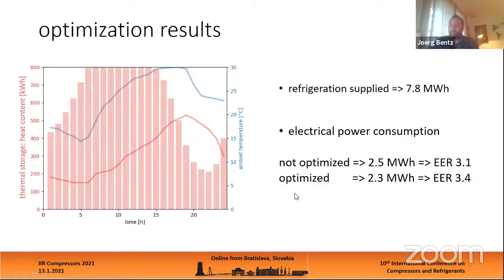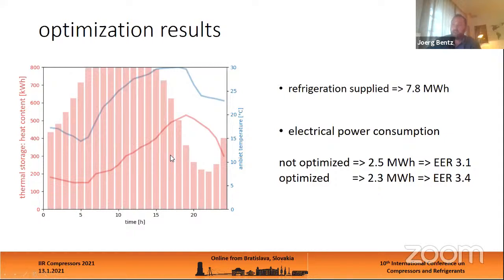While not just taking into account the loading and unloading of the storage, which can be seen here on the left side, we could achieve a reduction of 0.2 megawatt hours and an increase of the energy efficiency ratio to 3.4.